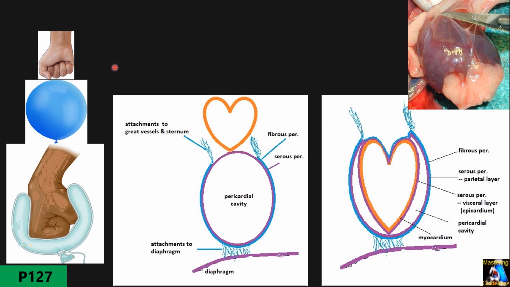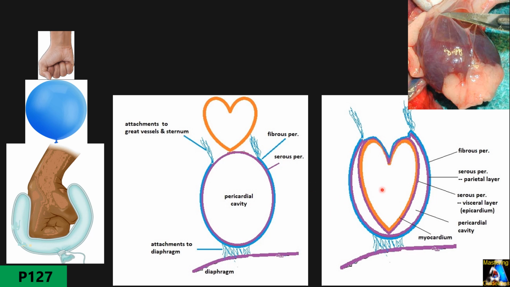One inner sac, we call the serous pericardium, and the outer sac is the fibrous pericardium. And the heart has been embedded in the inner sac and surrounded by the outer sac too.